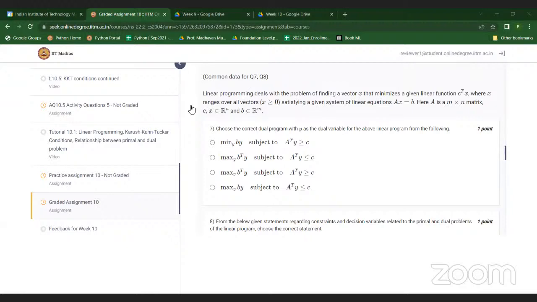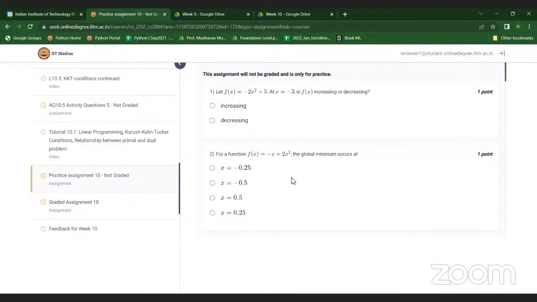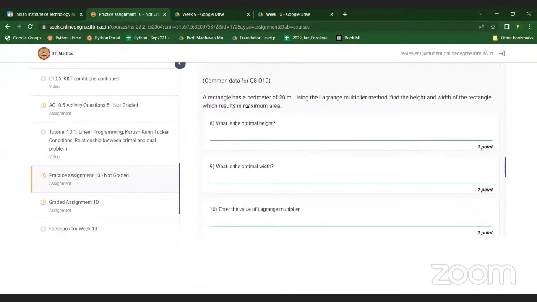I did solve one problem in the practice assignment. I solved the problem of x y with perimeter 1. I did solve that, using the Lagrange method.